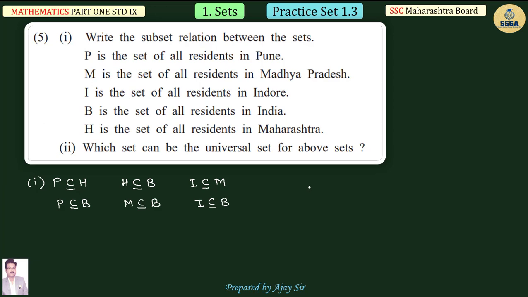Here India contains all these sets, means India contains Pune city. Maharashtra is also one of the parts of India, means all these sets are subsets of India. So therefore the universal set is India, means set B.